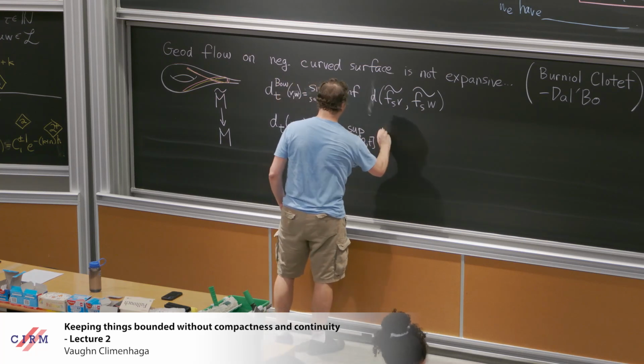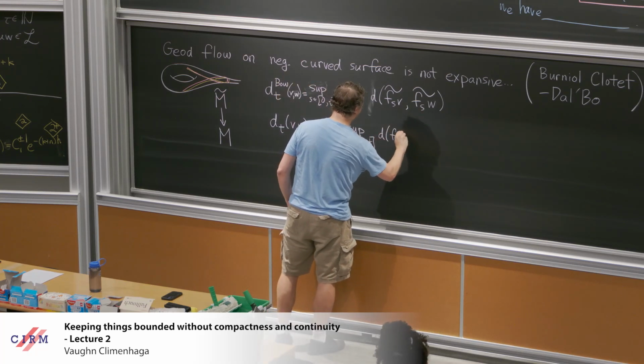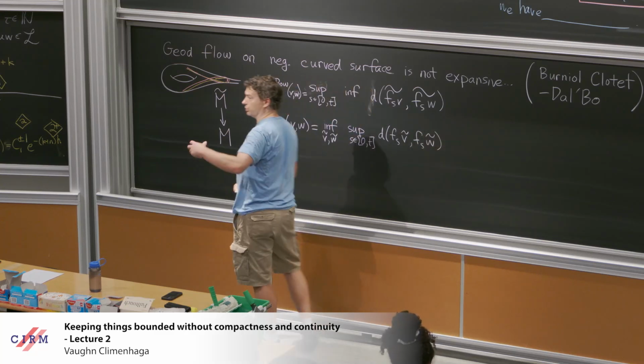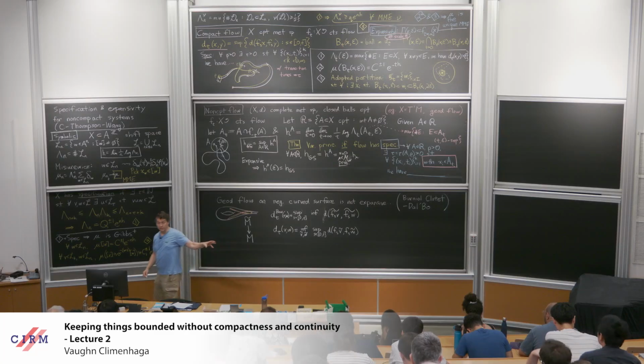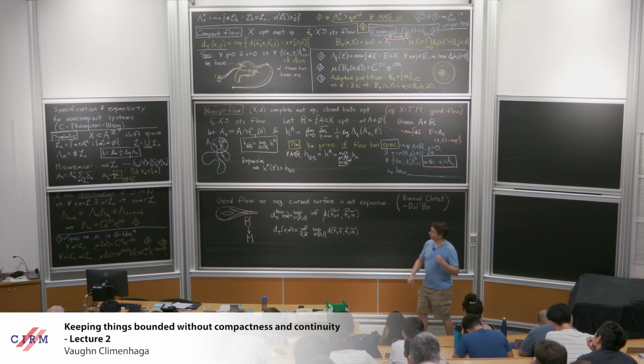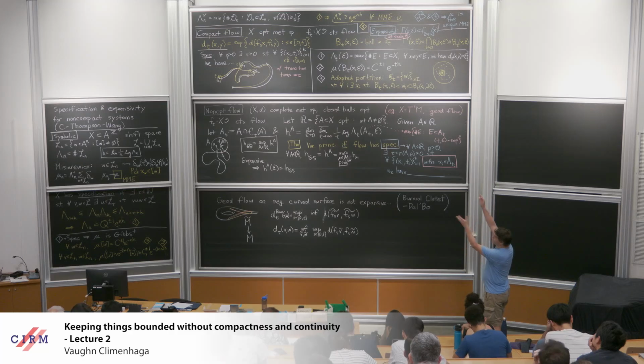In other words, another way of thinking of this is that you are taking the dynamically defined metric in the universal cover rather than on the manifold itself. However, this creates a problem when you want to run the specification and expansivity machinery, because that is all written down with respect to the usual family.